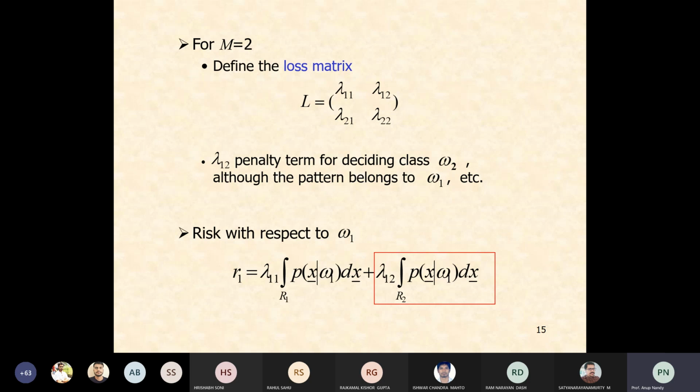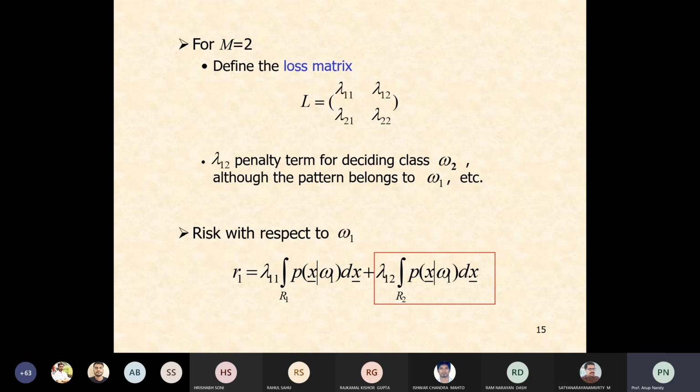What is the risk? The risk is called R1 for class 1. If the pattern is actually from class 2 but it is classified in class 1, then the risk R1 occurs, and you need to optimize it. And if the pattern is actually from class 1 but classified in class 2, then also you need to consider the risk, because R1 and R2 both come from lambda 1 2 and lambda 2 1.